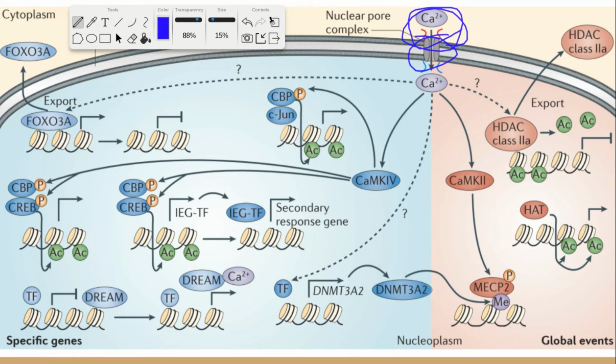In order to study the effect of calcium in just the nucleus, researchers often used a calcium chelating molecule called BAPTA, and they would fuse BAPTA to dextran. And this would make the molecule large enough that it couldn't diffuse out of the nucleus, but it was still effective at chelating calcium.